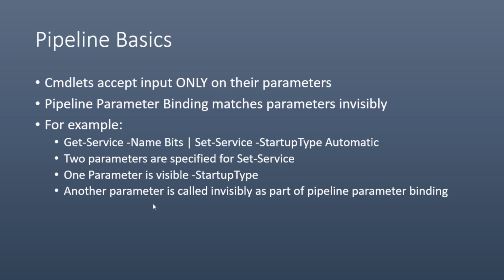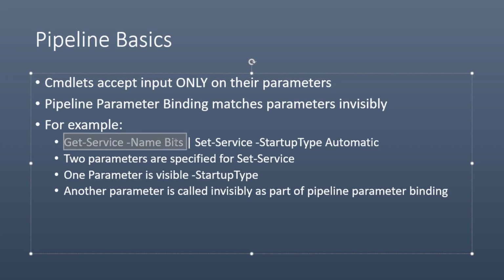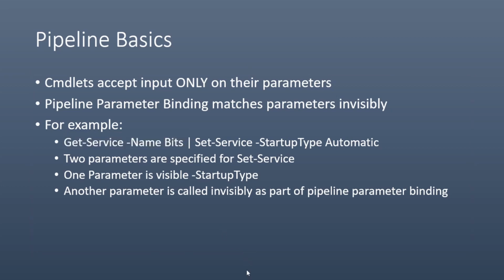So for an example here, if we look at this where we see this commandlet right here, we see get service name bits. So that's producing some type of object. And then that object is being piped over to this next commandlet, set service. Now, even though it doesn't look like it, on set service, there is in fact two parameters that are being called here.